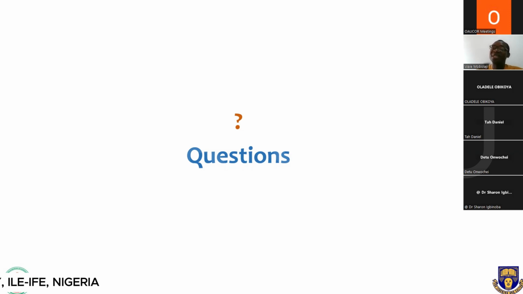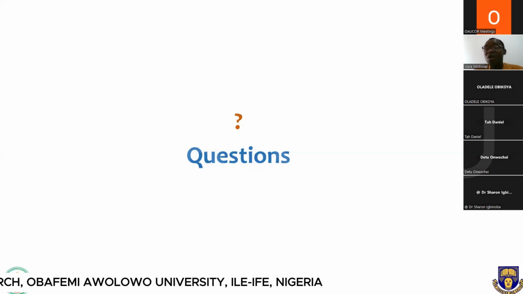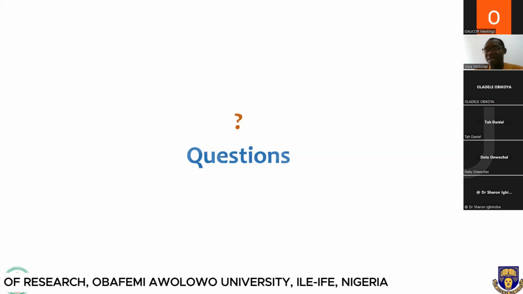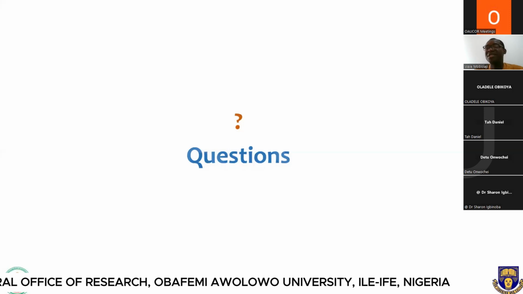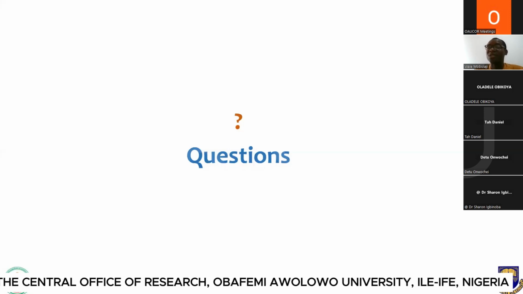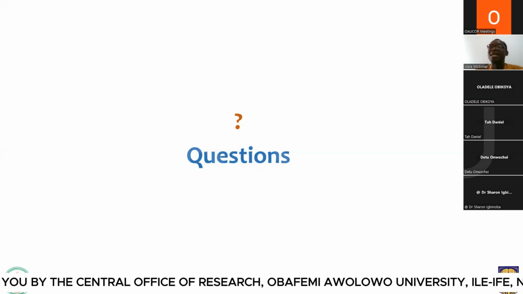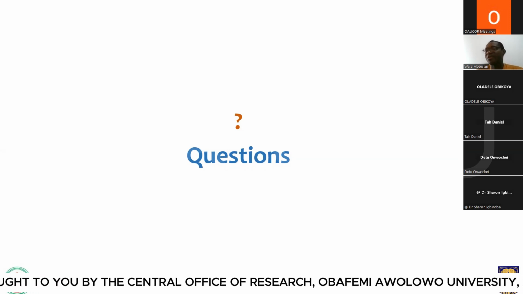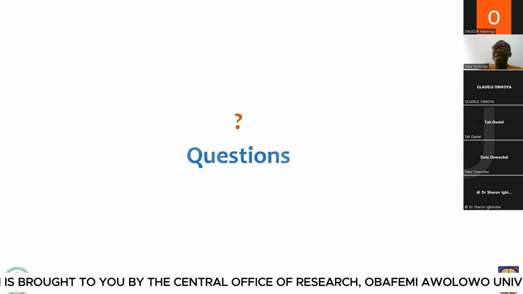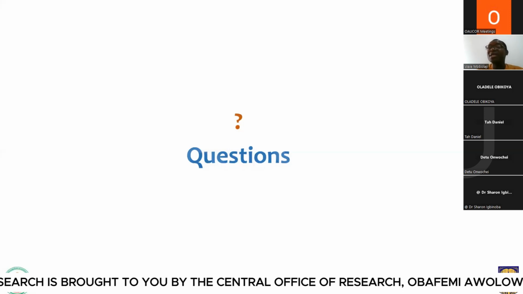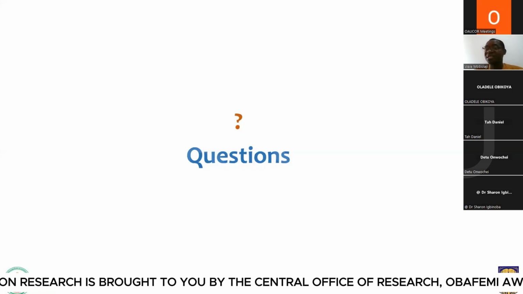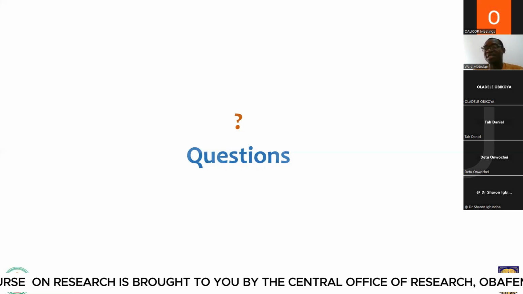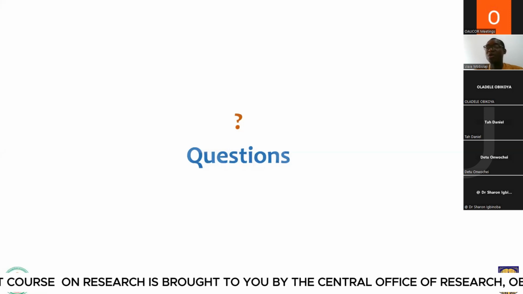But in other cases, if the assumption is violated, then you are left with a choice of using another statistical test. There are alternative statistical tests you could use that will accommodate that non-normality that you have carried out. So you need to know the parametric and then the non-parametric equivalent of all the statistical tests. So that's what you do.